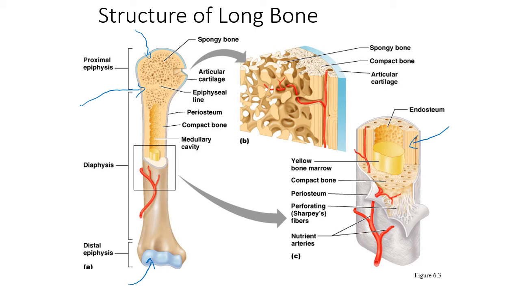We see all of that compact bone on the outside. We can see little concentric circles here, the osteons that are there. The entire bone is covered by what's called periosteum, which is a connective tissue covering on the outside. The very inside, where the medullary cavity is, has connective tissue as well. This is the endosteum, and that covers the very inside of the bone also.